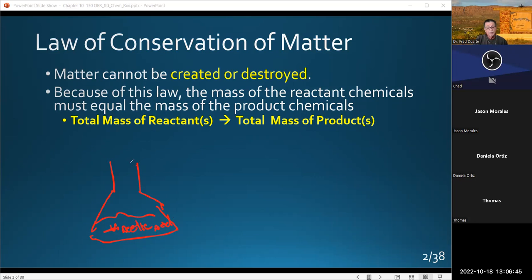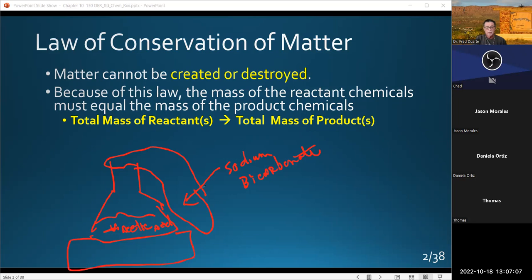Then we will put a little balloon over the top, and in that balloon we will put some sodium bicarbonate, aka baking soda. Then all this would be sitting on the balance, and it would weigh, I don't know, 100 grams. We'll weigh it beforehand, and then we'll take that balloon and flip it over and force that sodium bicarb into the liquid of the acetic acid, which is an acid-base reaction.